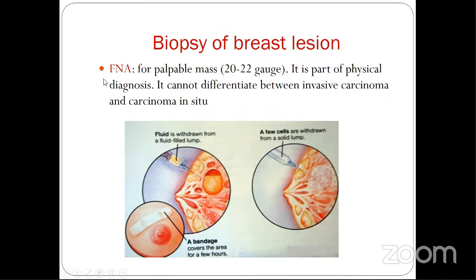We'll use fine needle aspiration using a needle average size from 20 to 22. It's a part of physical diagnosis, but the main problem of fine needle aspiration is it can't differentiate between invasive carcinoma and carcinoma in situ, which have different management.